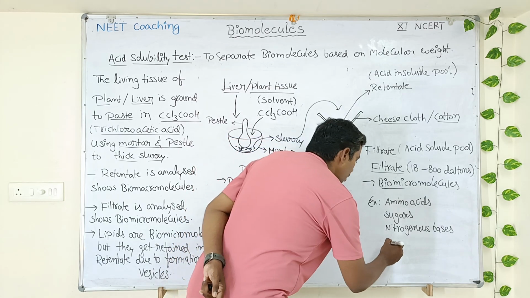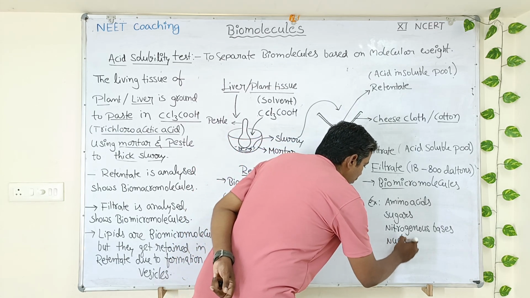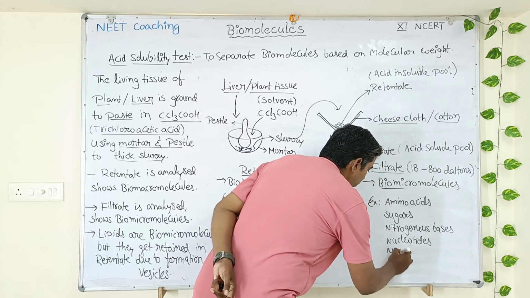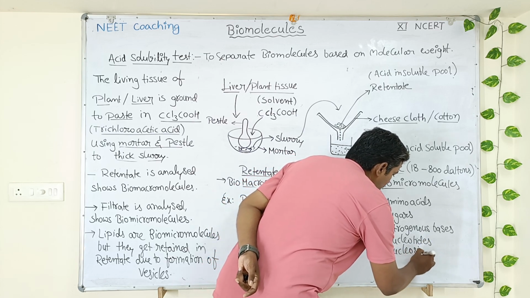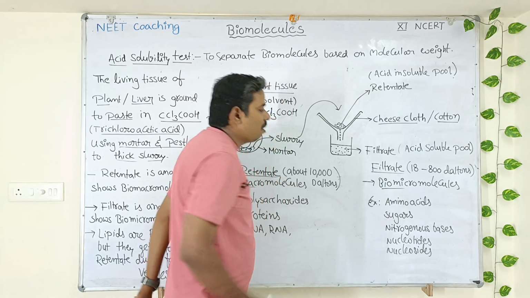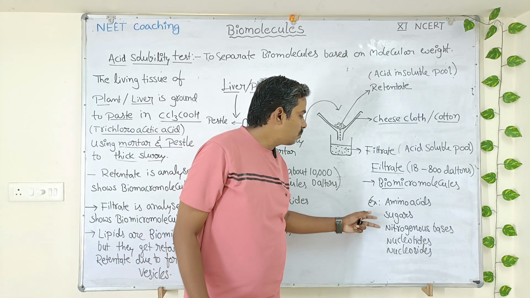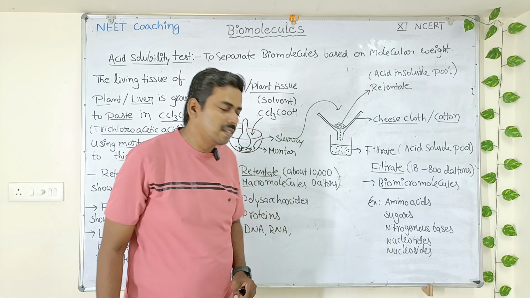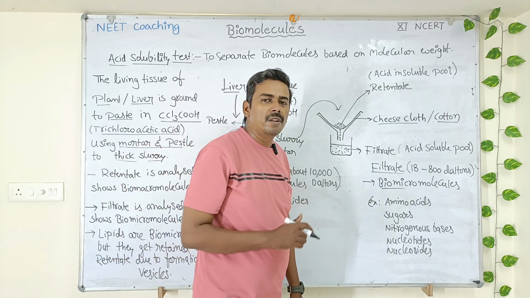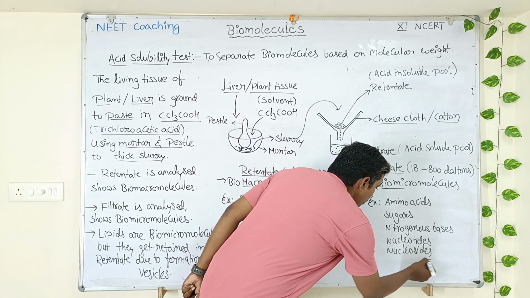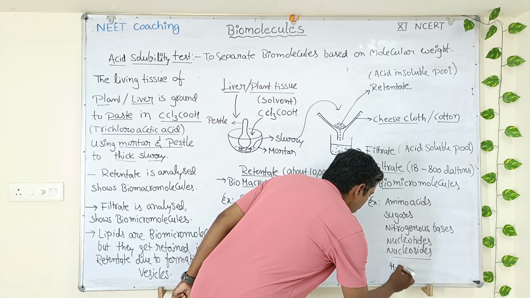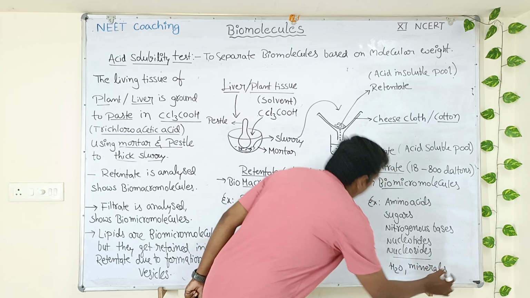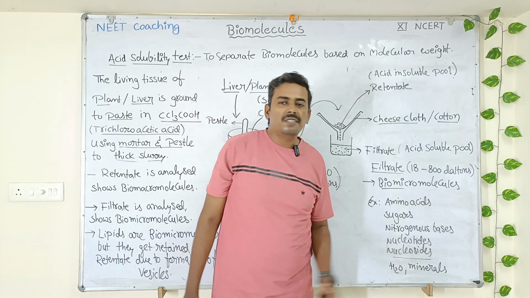Next is nucleosides. So these were different small biomolecules which were called biomicromolecules, which were detected in the filtrate, students. Along with this, some inorganic molecules were also found, such as water and minerals, in the filtrate, that is in acid soluble pool.